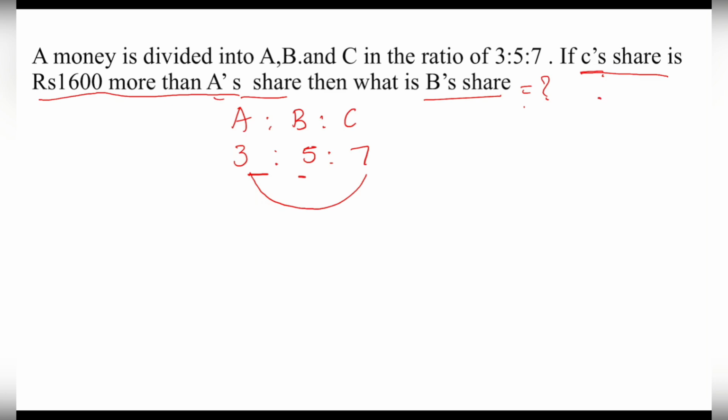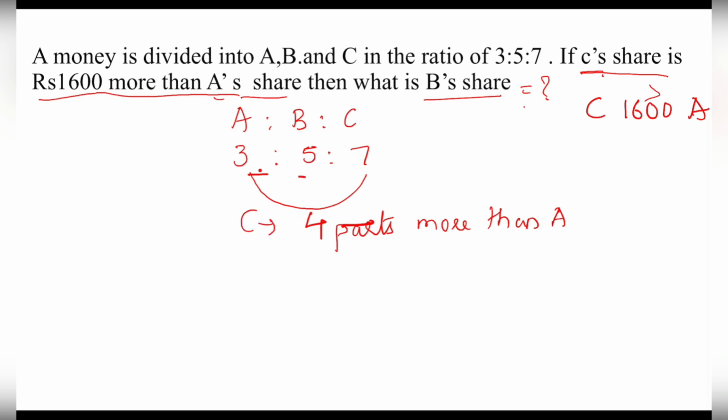C is 1600 more than A. Then in ratio, when we compare A and C, 7 minus 3 is 4, that means C is 4 parts more than A, and in amount C is 1600 more than A, isn't it? So directly I can say 4 parts is 1600.